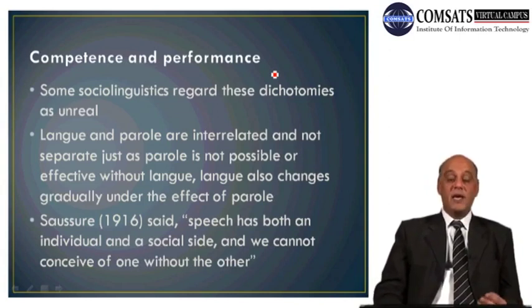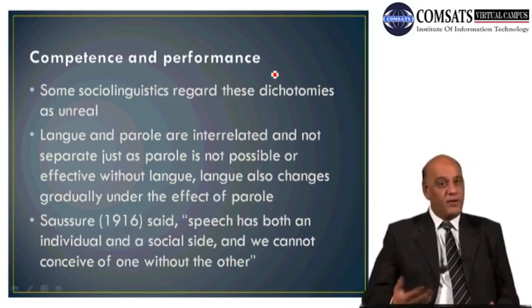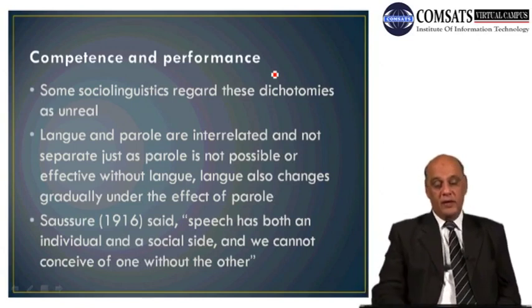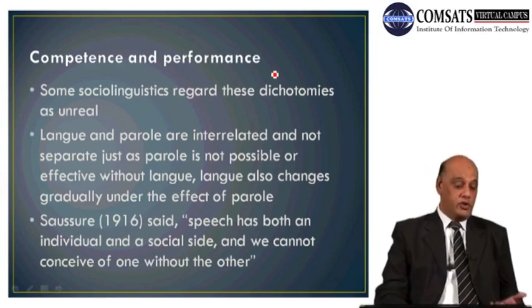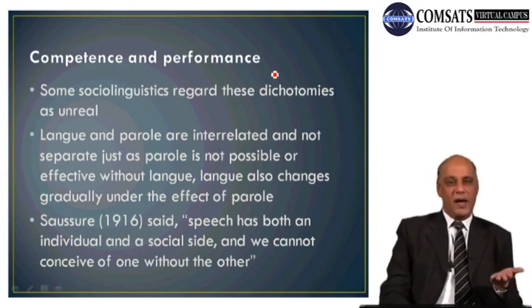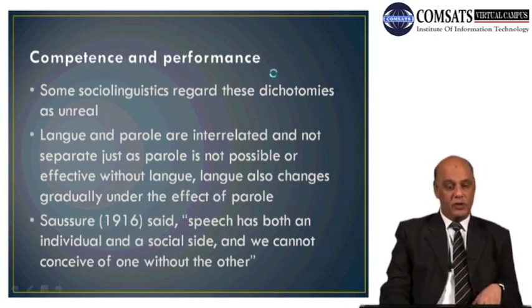So Saussure says speech has basically two aspects, and these two aspects have to be studied, the inner aspect and the outer aspect, and we cannot conceive one without the other. We can't imagine the inner aspect without the outer aspect, and we can't study or analyze the outer aspect without looking at the psychology or the inner aspect of the language.